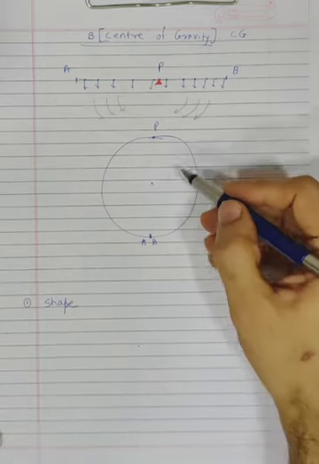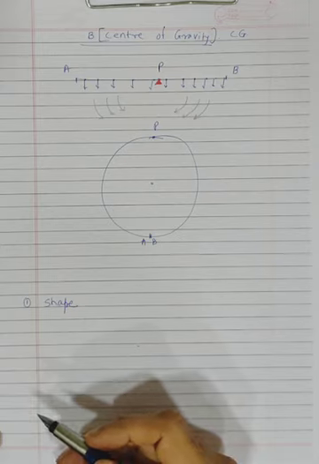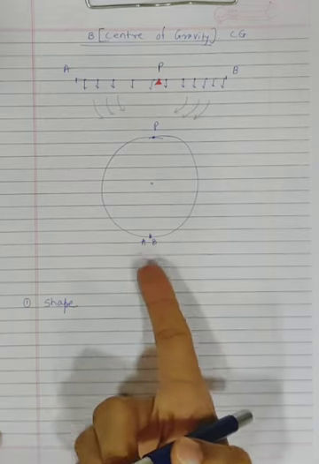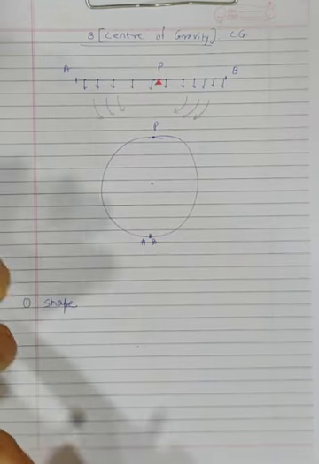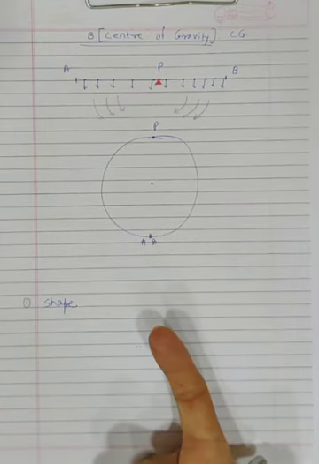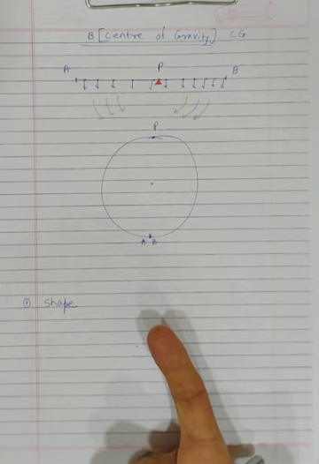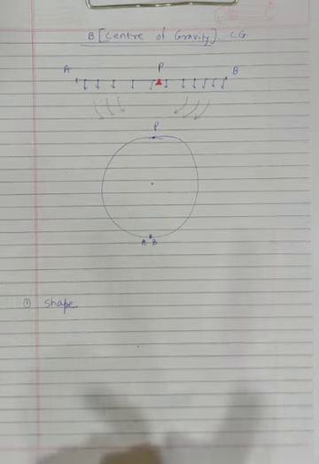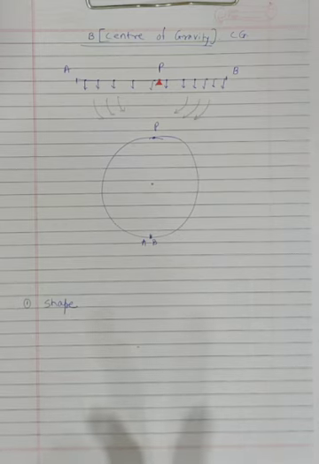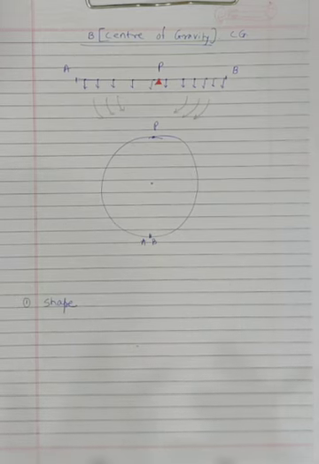You know how you try to balance this kind of body like a bangle or a ring? You have to keep your finger at this point, just vertically below the center of gravity, and you may be able to balance that ring here. Like how some students can spin a basketball well on their finger. Where is the center of gravity of that? It's inside the basketball, in the air.